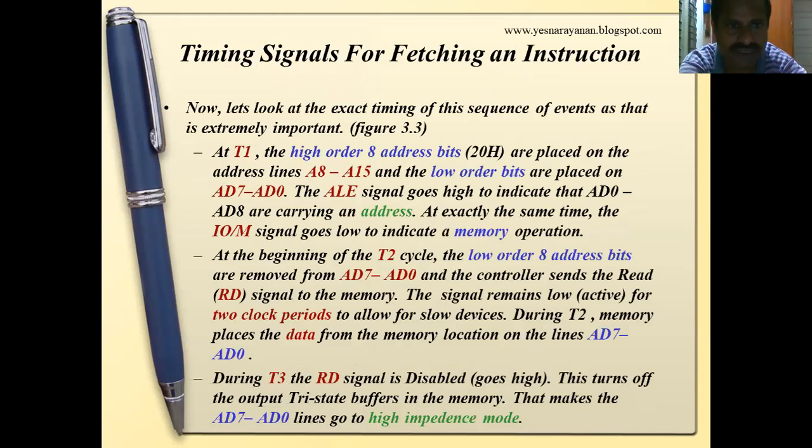Now, let us look at the exact timing of this sequence of events, as that is extremely important. At T1, the higher order 8 address bits, that is 20H, are placed on the dedicated address lines A8 to A15, and the lower order address bits are placed on the multiplexed address and data bus AD7 to AD0.